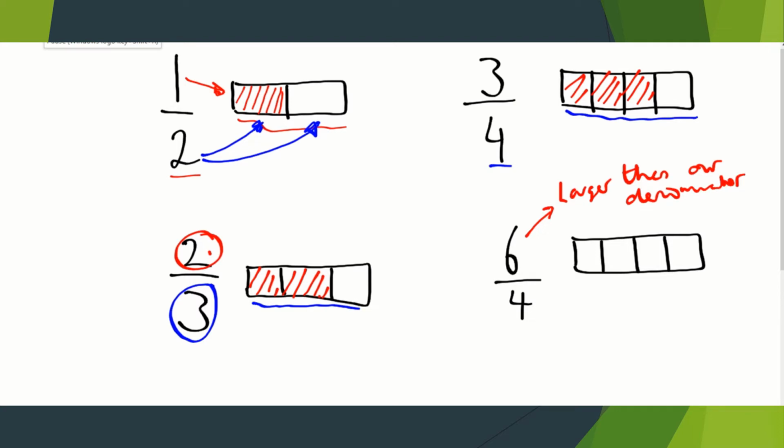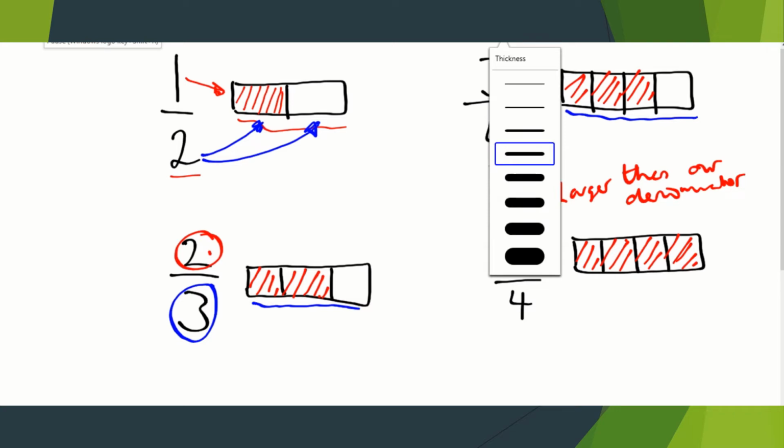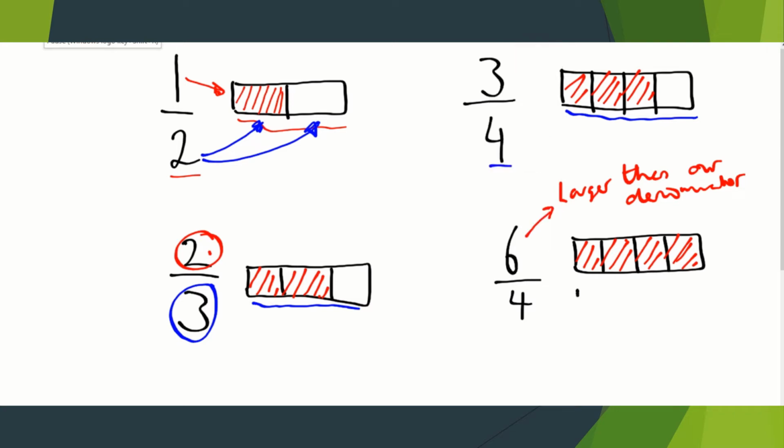I'm going back to what we were doing earlier. I can then colour in 6 equal parts. But look, 1, 2, that's 1, 2, 3, 4. I've coloured 4 in, but I haven't got enough space. That means I have one whole shape. I'm going to need to make another bar model. And I'm going to continue to colour that in. 5, 6.